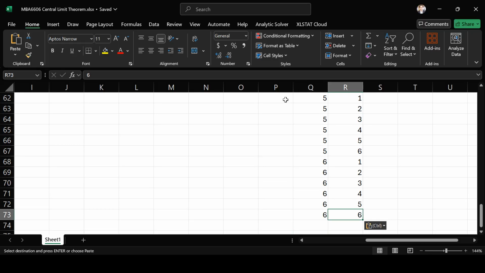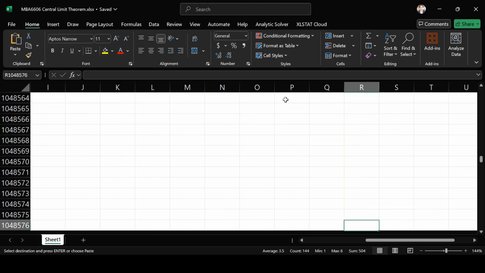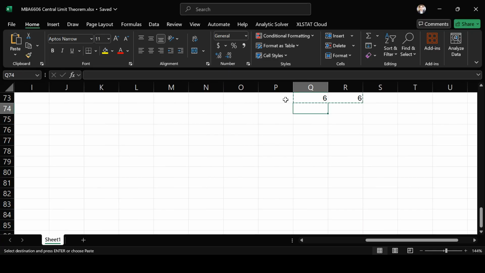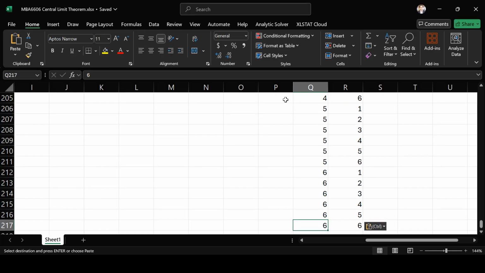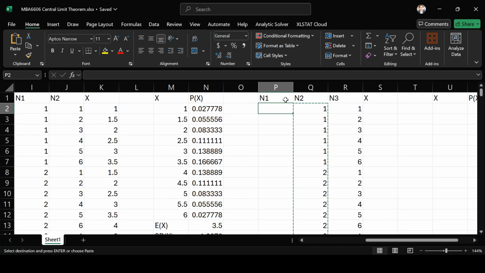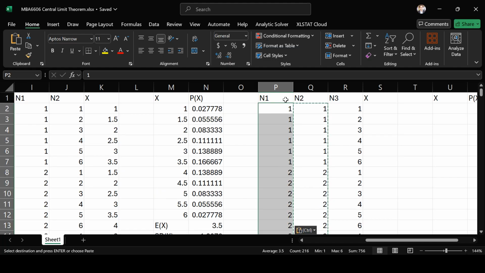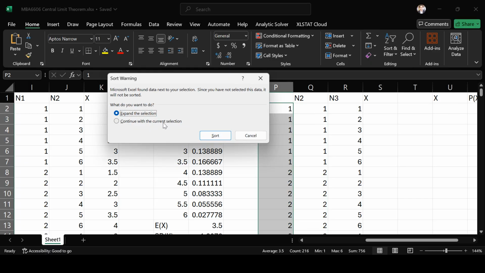Let's copy this a few more times. There are 216 possibilities. And let's sort this.